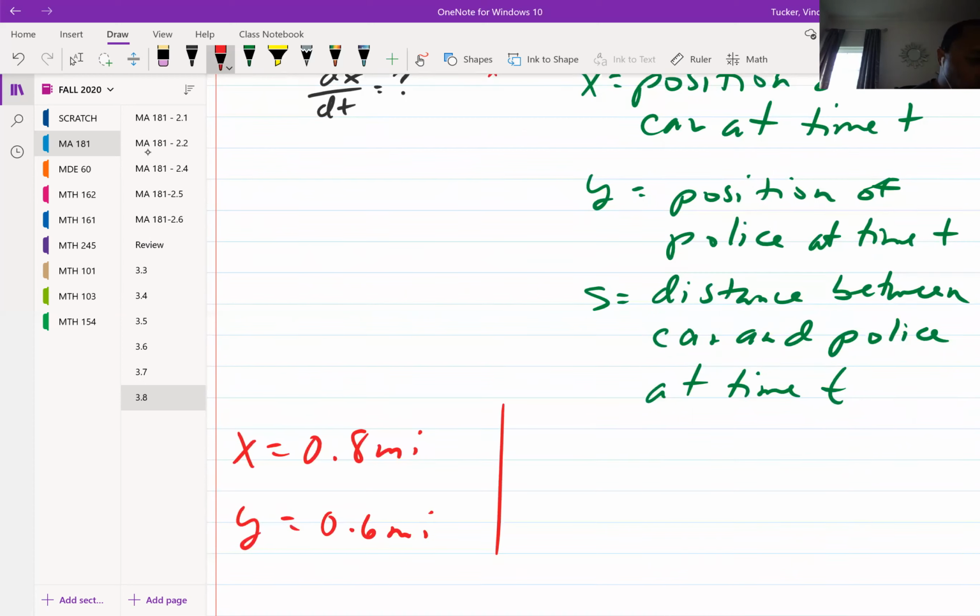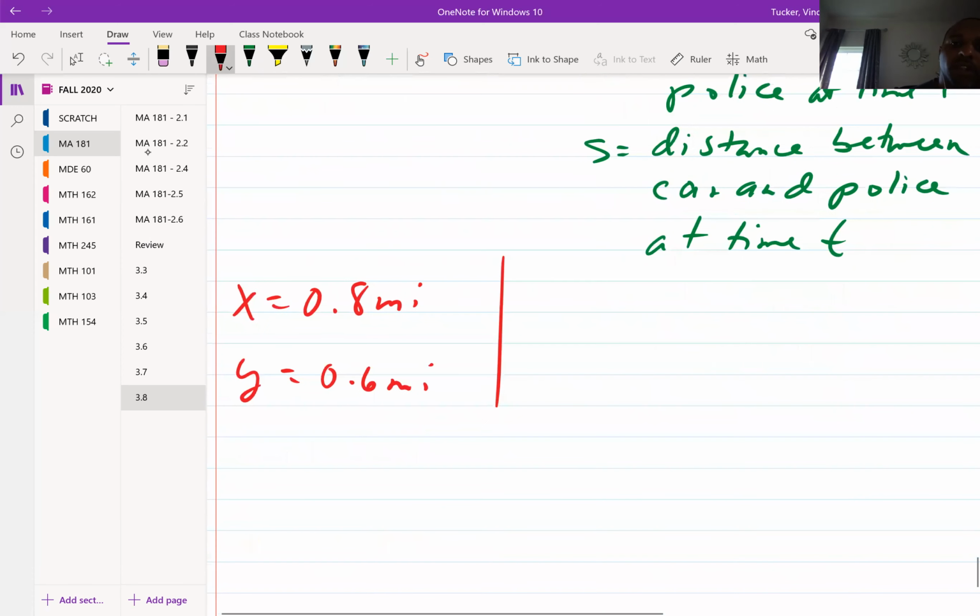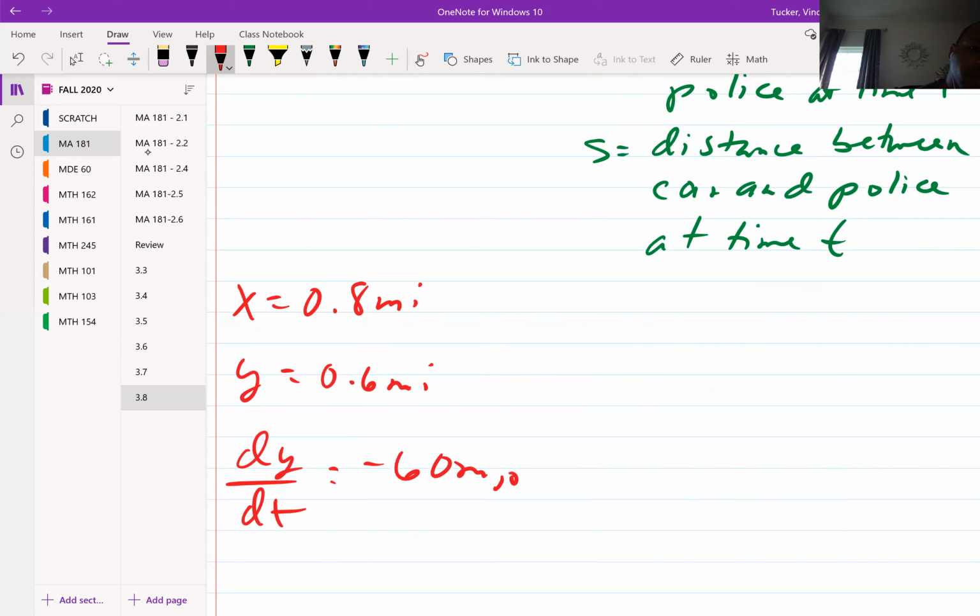Then we have the derivative of y, dy/dt, which is negative 60 miles per hour. And ds/dt is 20 miles per hour.